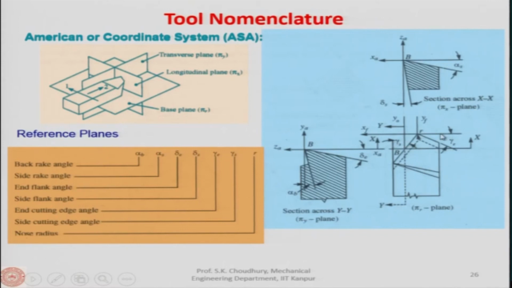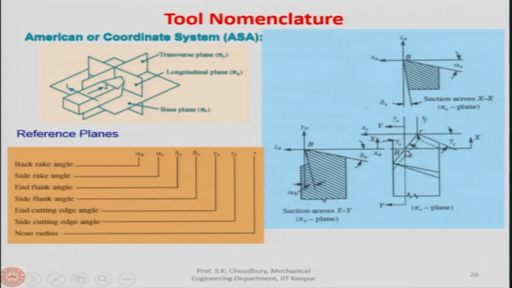And when the angle is with respect to the x axis, this is the end cutting edge angle with the auxiliary cutting edge. So, once again, the principal cutting edge and y axis make the side cutting edge angle, and the auxiliary cutting edge and x axis make the end cutting edge angle. So, this is another set of angles, that is, cutting edge angles.